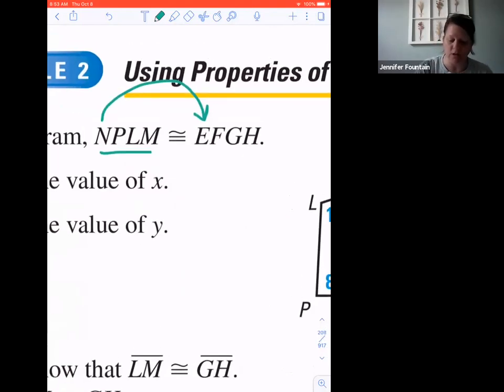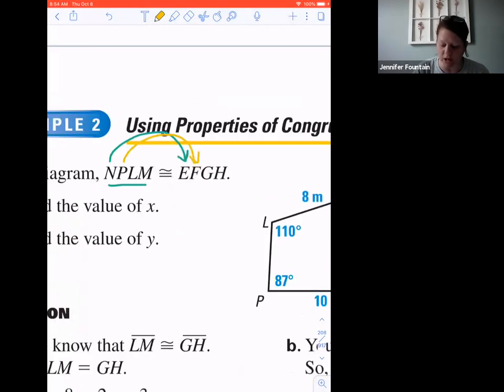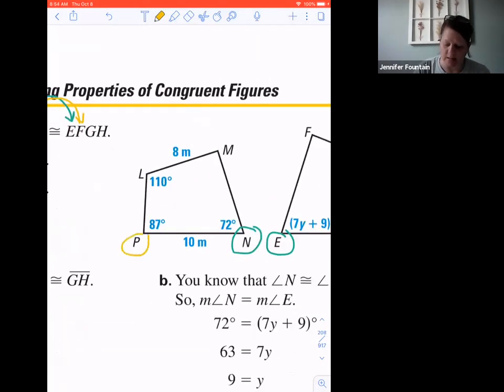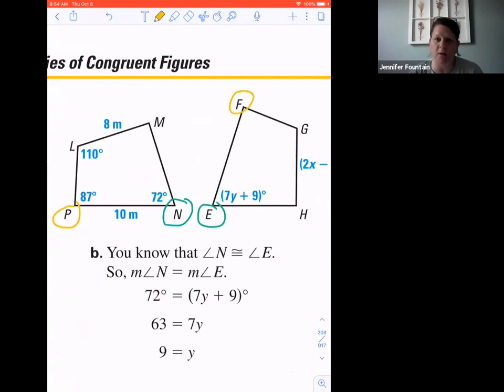So then I can look at the next letter and I see that P corresponds with F. So I can come over here and I know that P and F are corresponding angles.